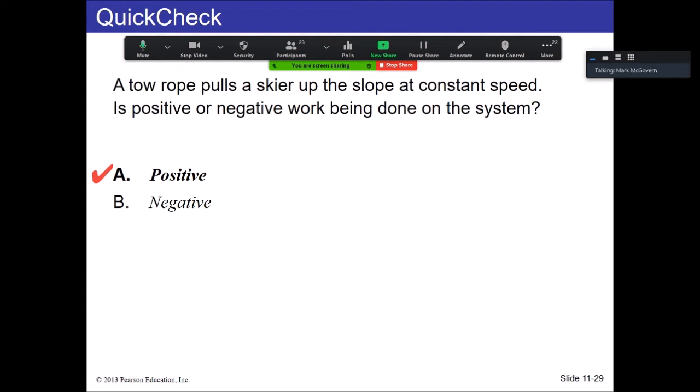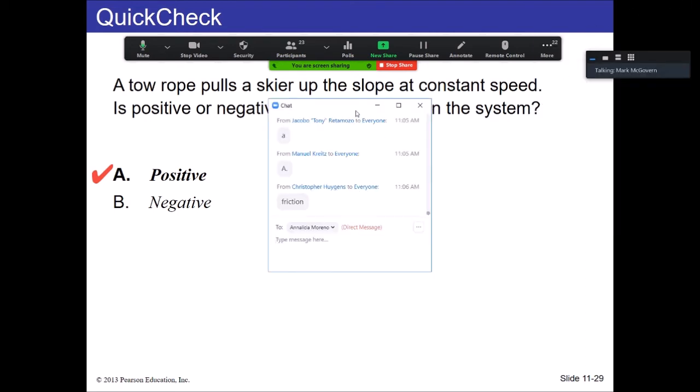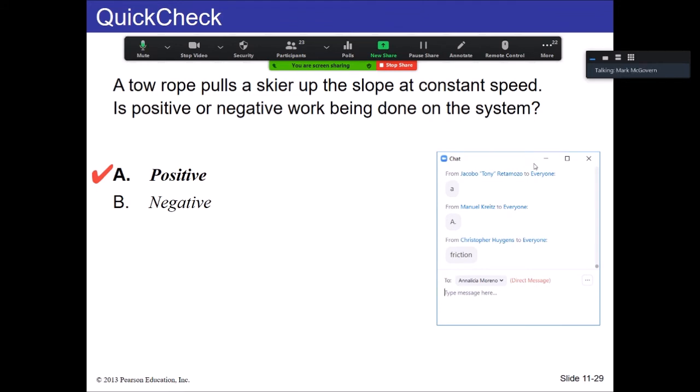Now, this object is not speeding up, though. It's moving at a constant speed. So what other force is at play here? Somebody tell me. What other forces do we have? Friction? Maybe, and that would do negative work. Gravity? Yeah, that would do negative work. Not tension. Tension is the rope, and we already talked about that. The other forces involved could be friction, could be gravity.